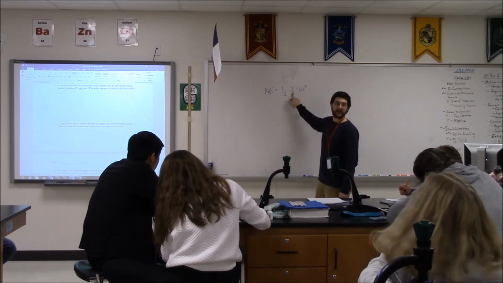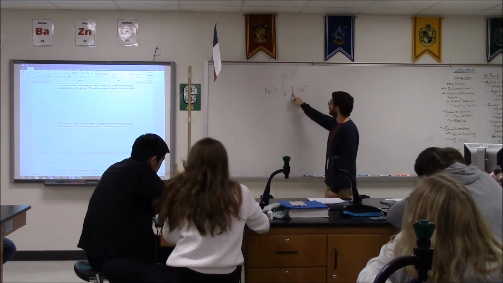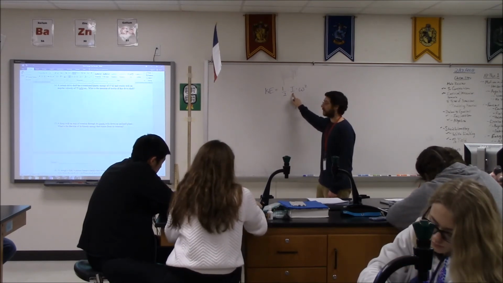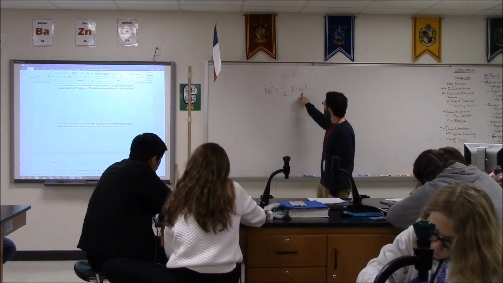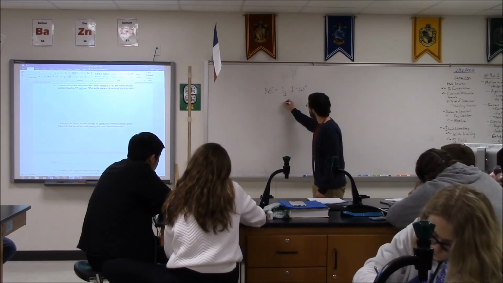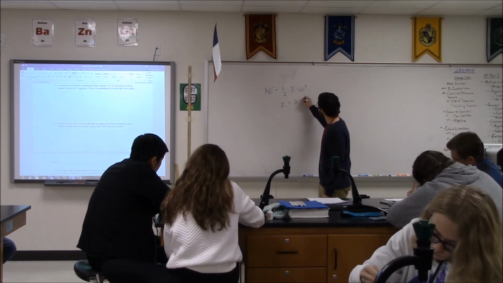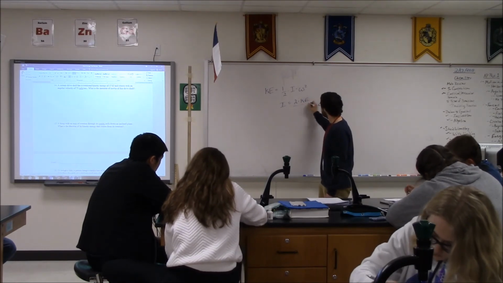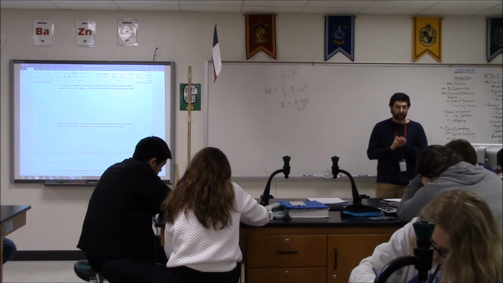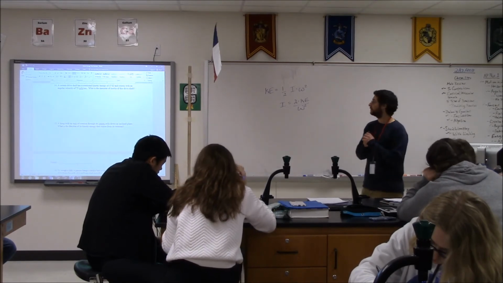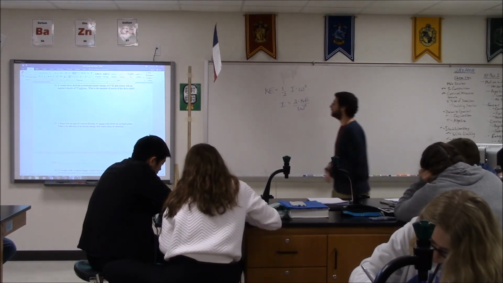And I want to know this, right? Multiply by 2, divide by omega squared, and then that's it, right? So I equals 2 times the kinetic energy divided by angular velocity squared. So that's easy. Let's move on.